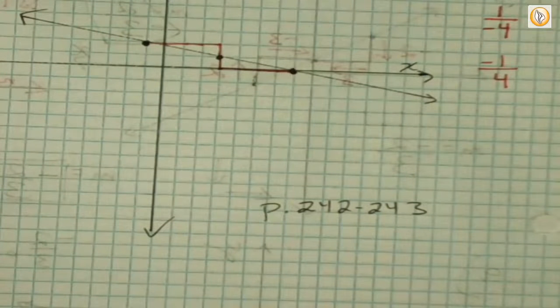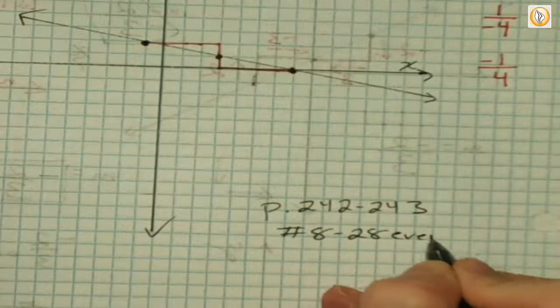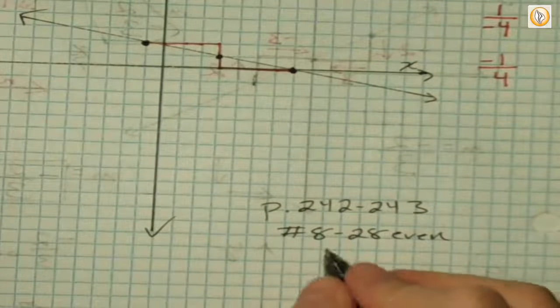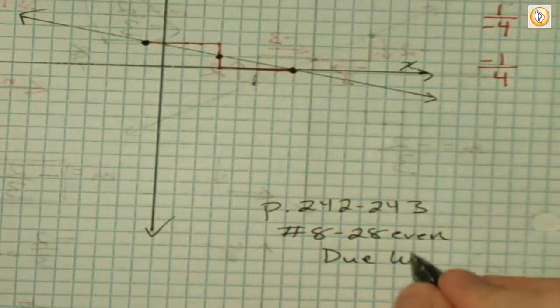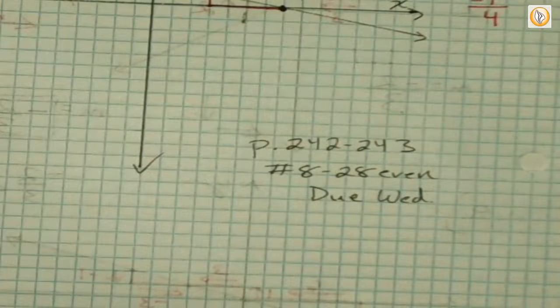Maybe not. No, numbers 8 through 28 even. 1, 2, 3, 4, 5, 6, 7, 8, 9, 10, 11 problems. All right, I'll be nice. I'll leave it. Due Wednesday. That's all you need to know.